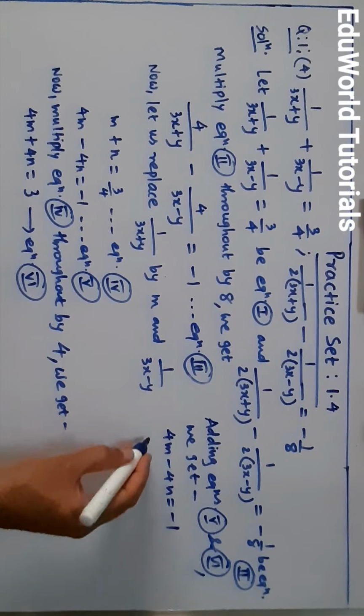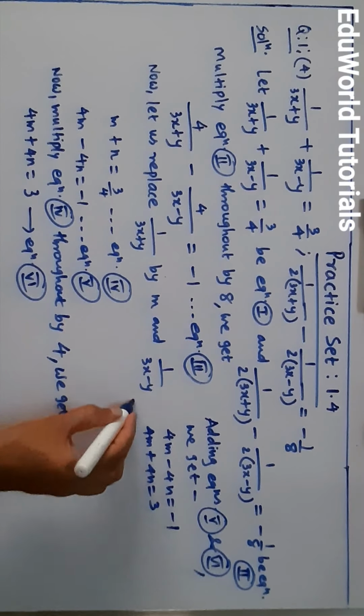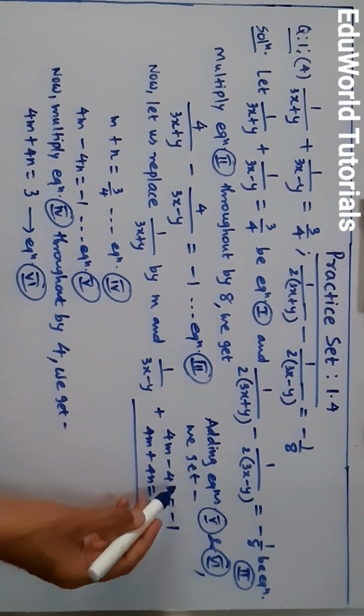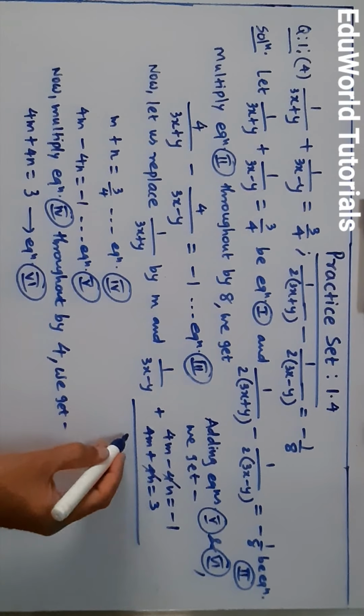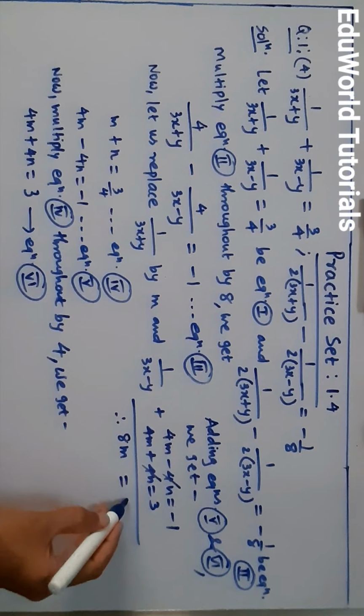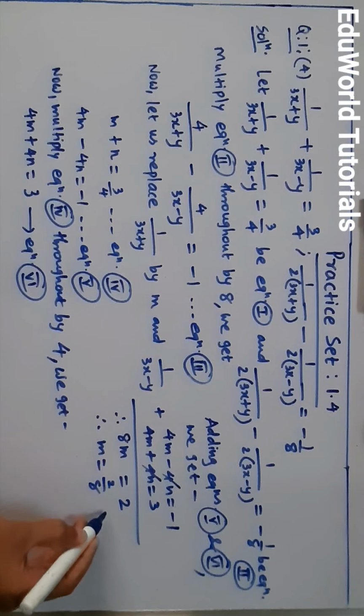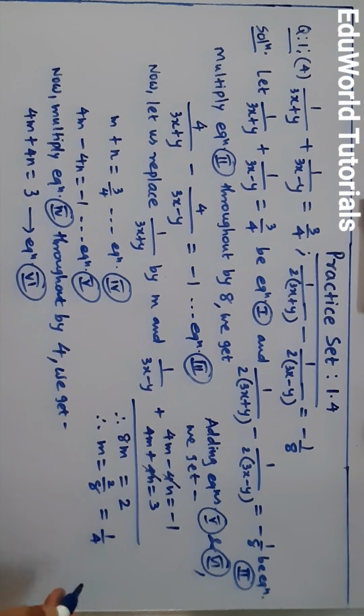And the sixth one is 4m plus 4n is equal to 3. We are adding them. Minus 4n and plus 4n will get cancelled. This is 4m plus 4m, which is 8m, and minus 1 plus 3 is 2. So the value of m is 2 upon 8, which on further cancellation gives me m equal to 1 upon 4.